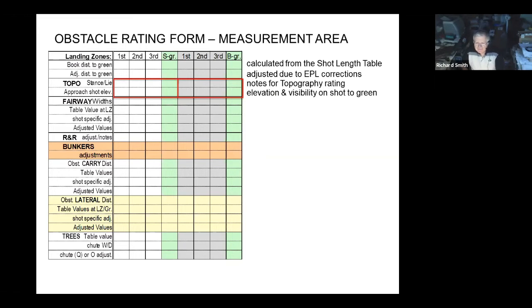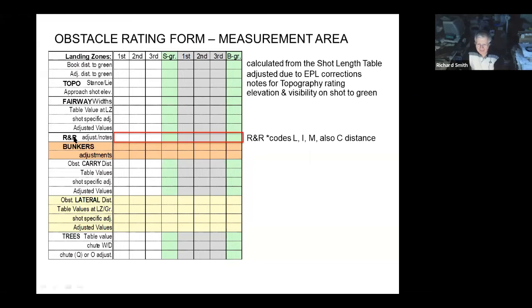The next bit here is where we'll be recording things having to do with the topography obstacle rating. That includes an evaluation of the stance and lie at the landing zone. Has to do with what the approach shot elevation to the green is, because those are the things that we use in the topography table or the topography rating.